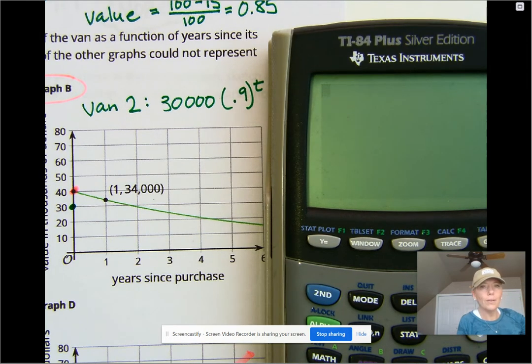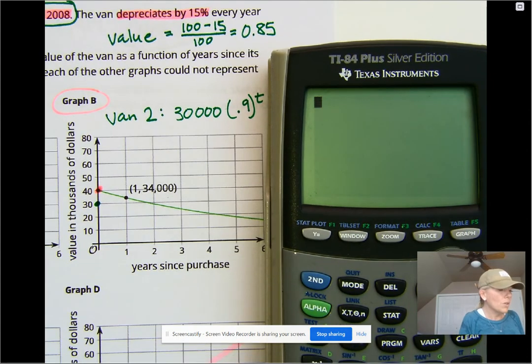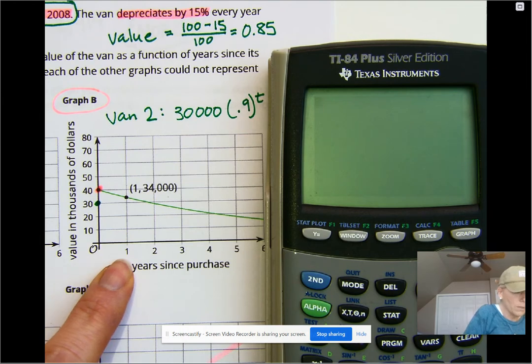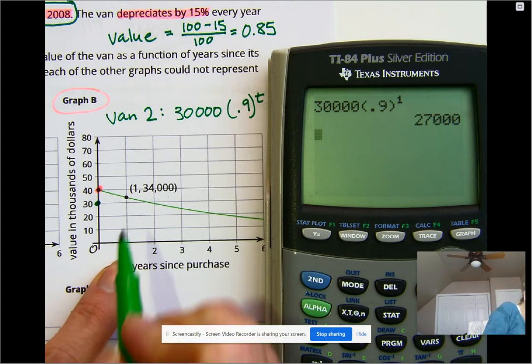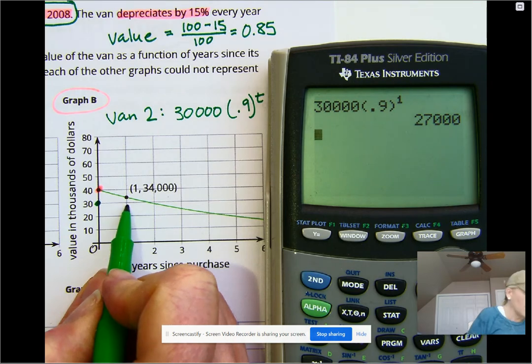Okay, so let's say we start with year 1. We need to find that point. So 30,000 times 0.9 to the first is 27,000. So year 1, 27,000, obviously just kind of estimating the point.